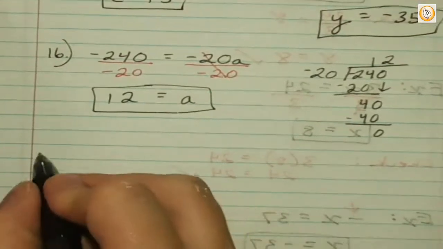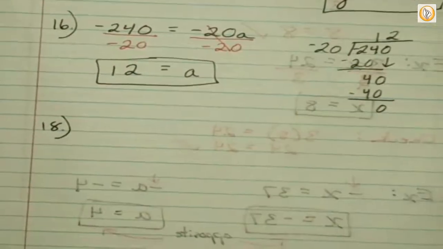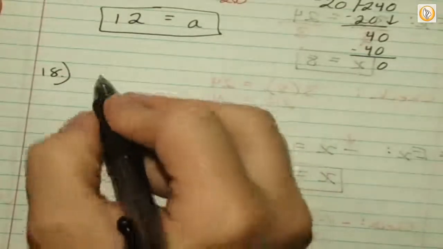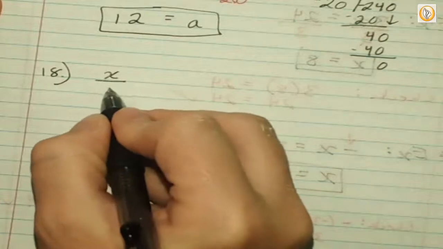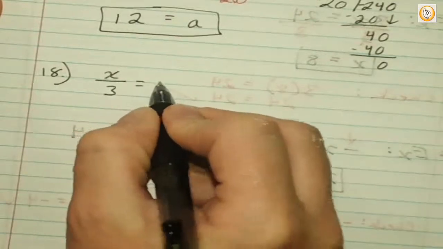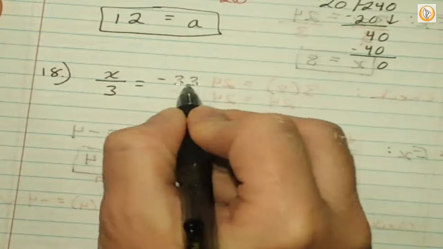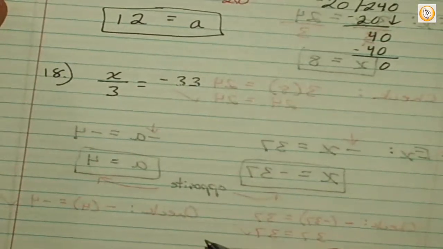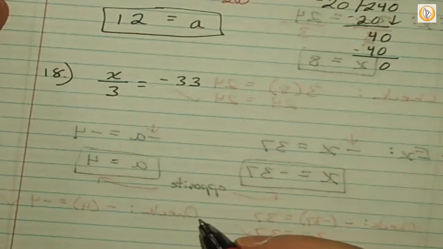All right, Michaela, you want to try one? Number 18: x divided by 3 equals negative 33. First, you're going to multiply on both sides by what? 3.